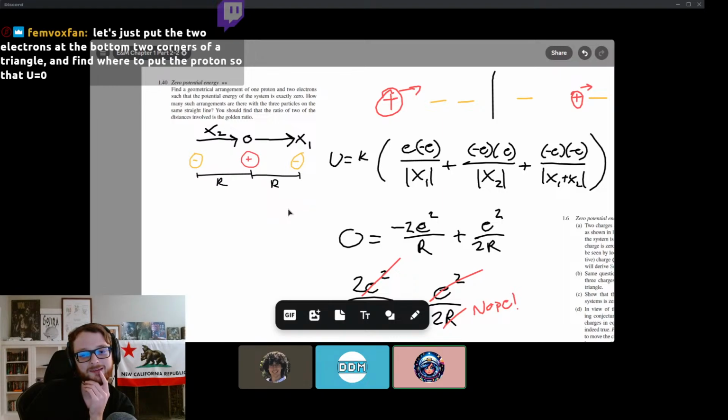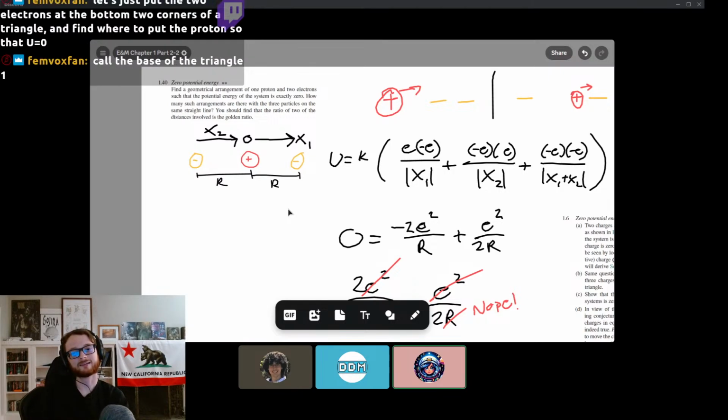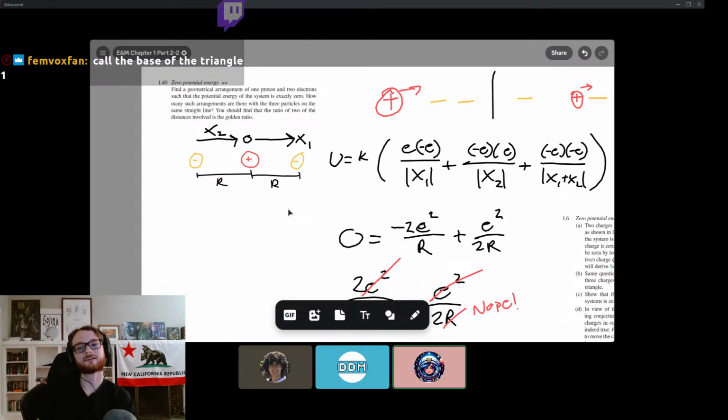Well, do we agree with the setup? I feel like there could be other setups that could potentially give you 0 potential energy. But I don't know for sure. Yeah, very possible. For instance, just putting them all on one side somehow.